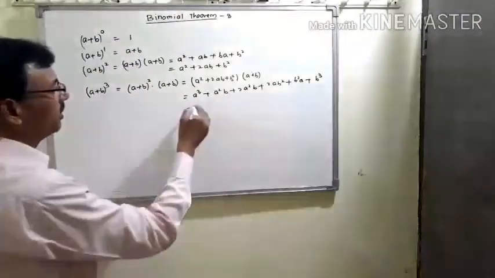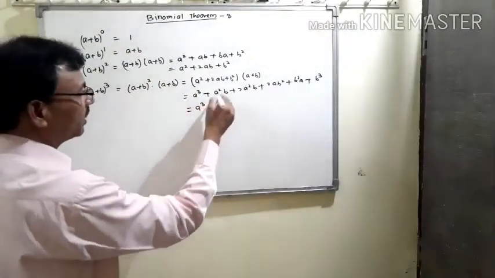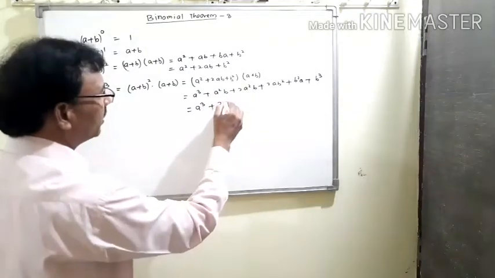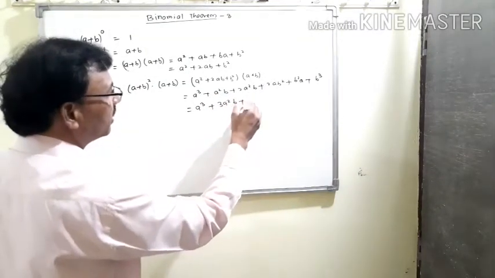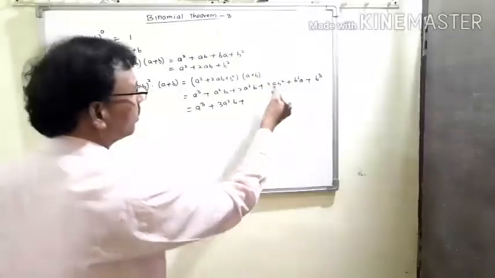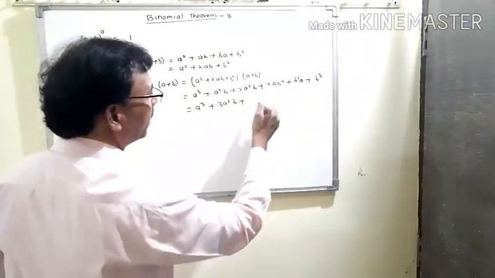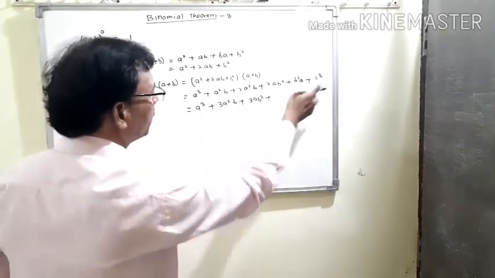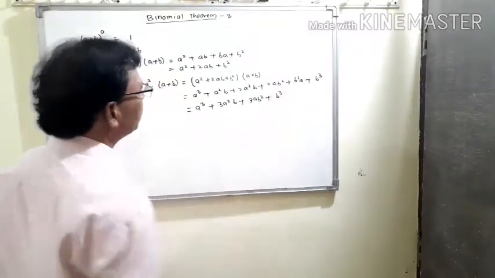That means a cube plus 3a square b plus 3ab square plus b cube.